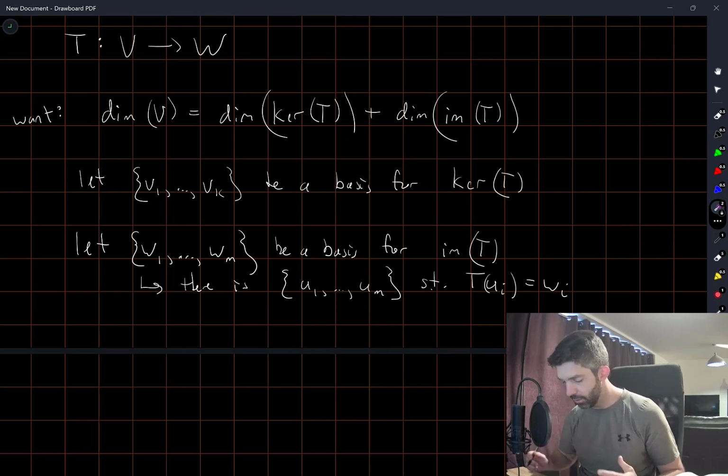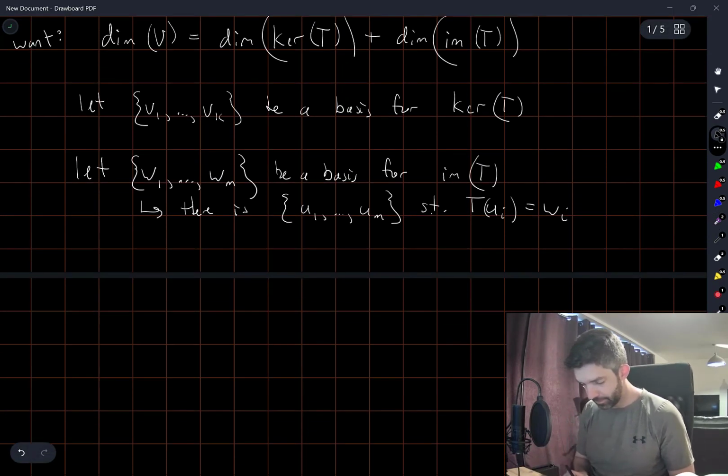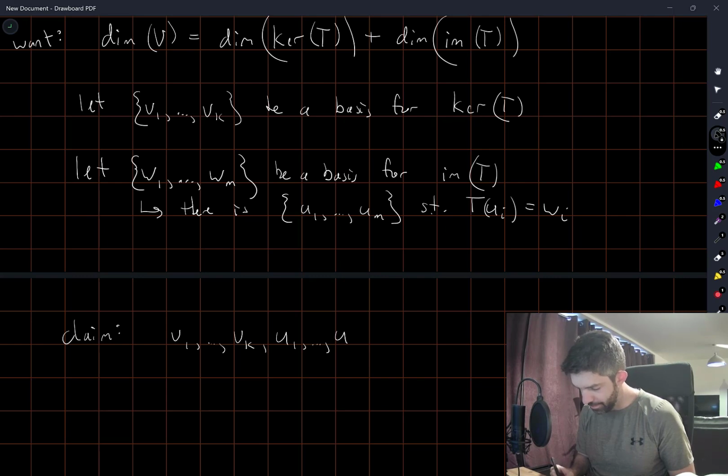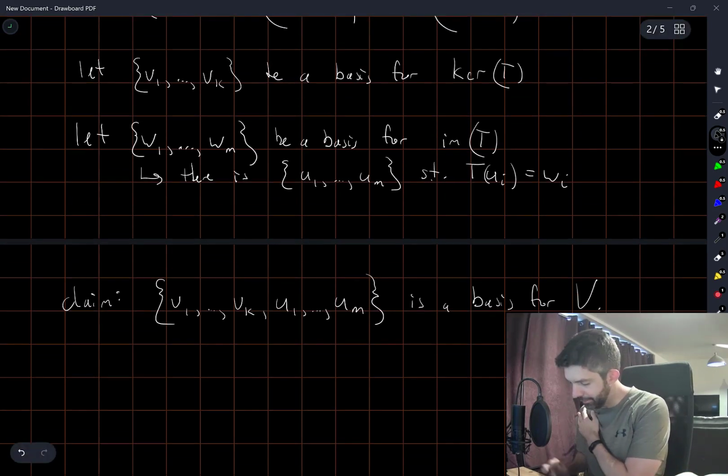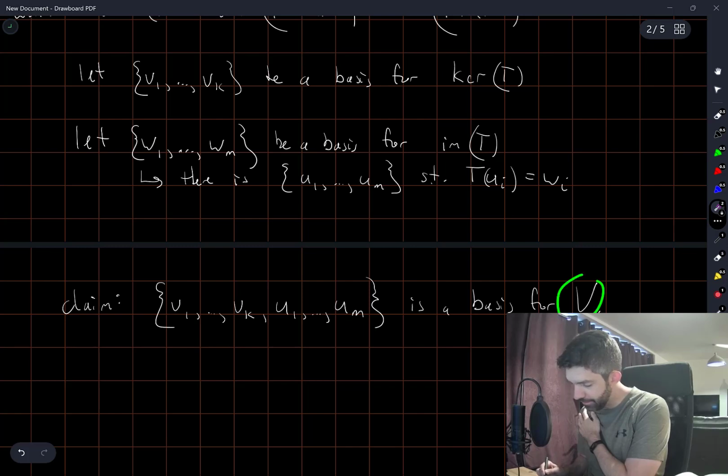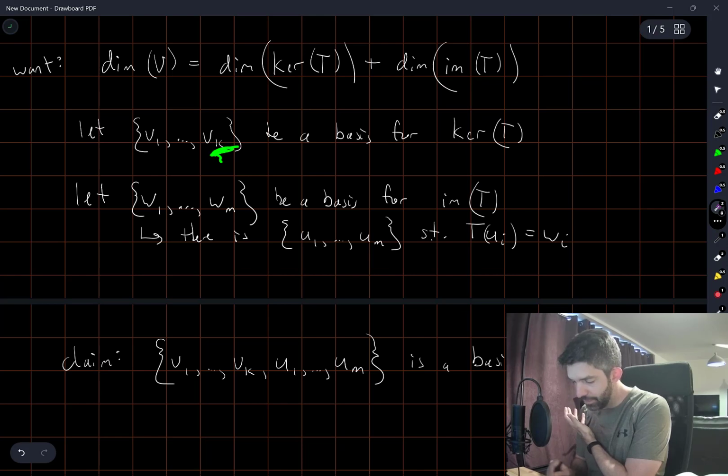Okay, so what I want to show now is, I claim that the collection v1 up to vk and u1 up to um is a basis for V. This will imply that the dimension of V is equal to k plus m, but k is the dimension of the kernel and m is the dimension of the image.